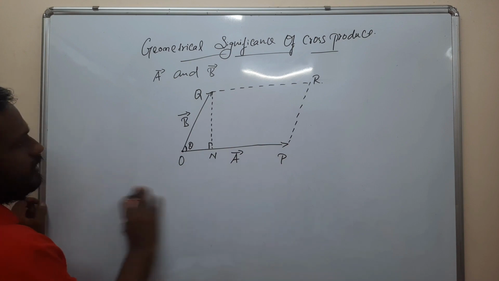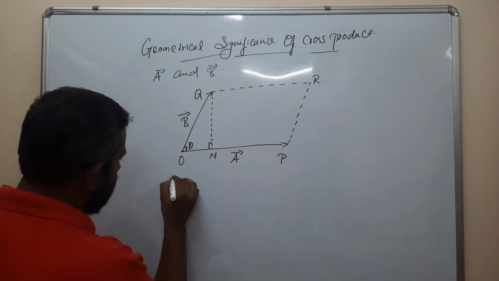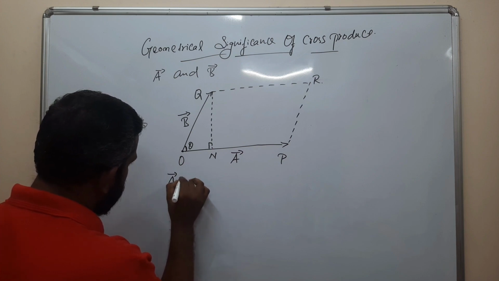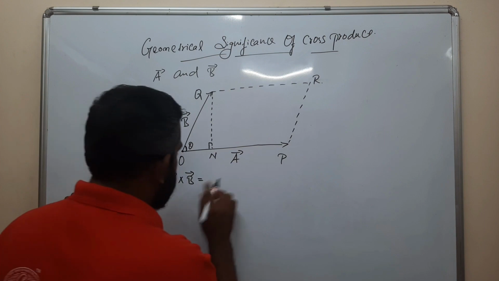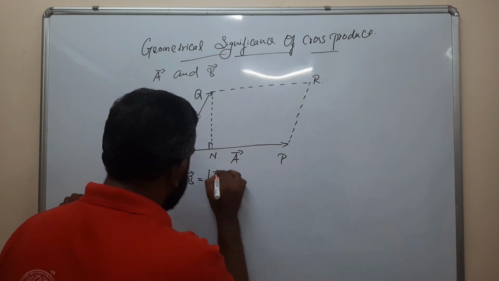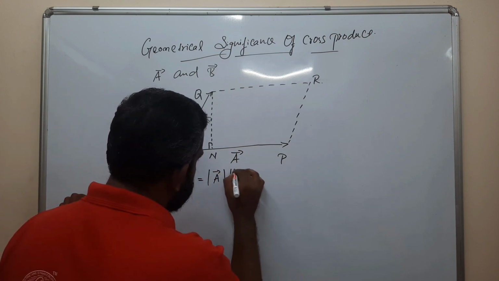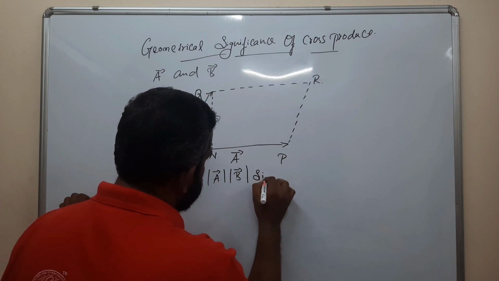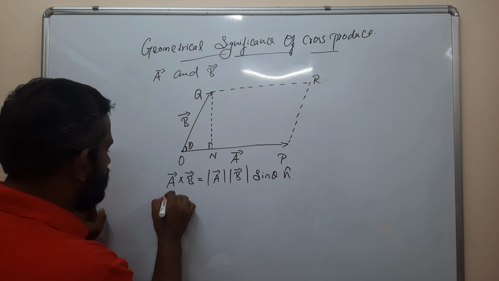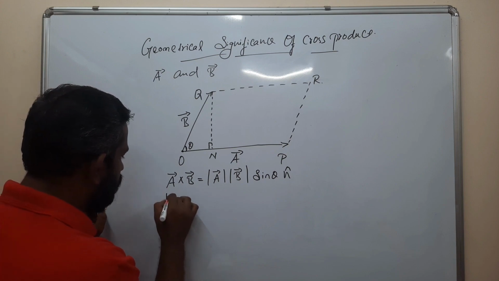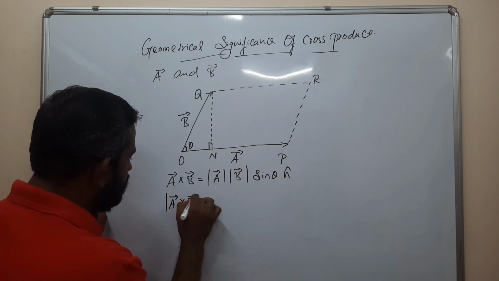So what is A vector cross B vector? That is equal to modulus of A vector, modulus of B vector, sin theta into n cap. Now what is the modulus of A vector cross B vector?